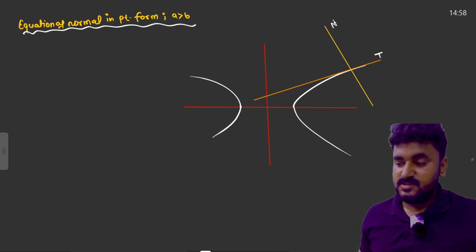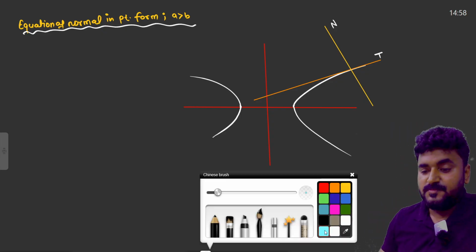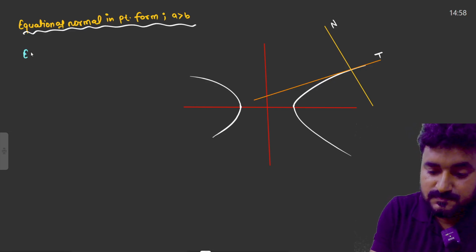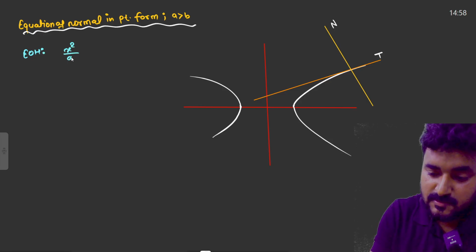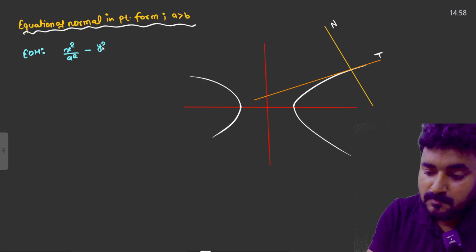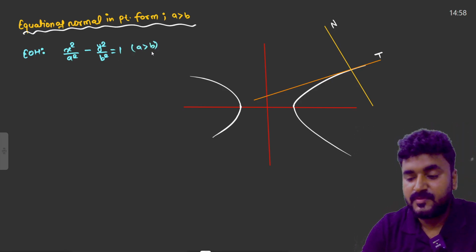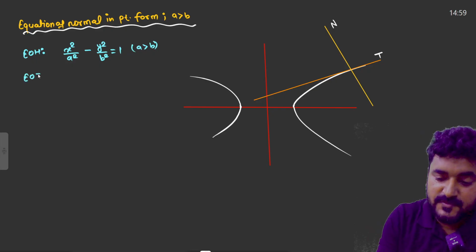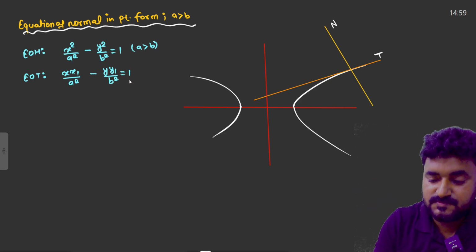So how will we find this normal equation? I am going to explain with the derivation. The equation of the hyperbola is given, x square by a square minus y square by b square equal to 1, if a is greater than b. And you know the equation of the tangent: x x1 by a square minus y y1 by b square is equal to 1.